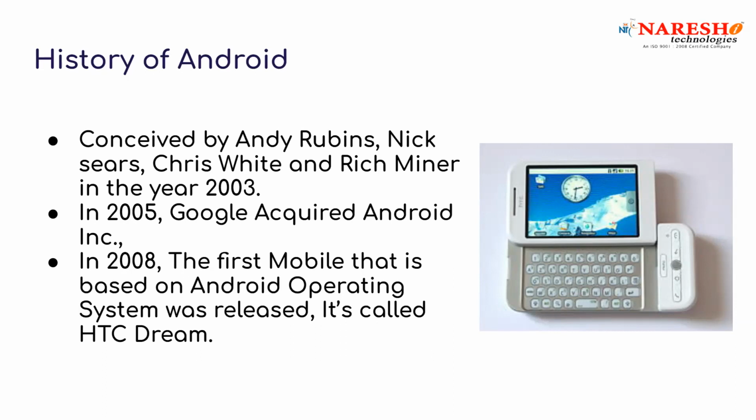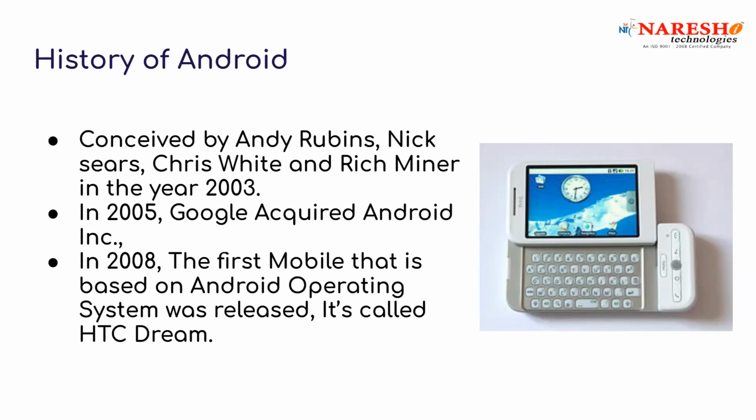Liking this idea very much, Google acquired it in 2005. The development continued till 2008, and in 2008 the first mobile based on the Android operating system was released. It is called HTC Dream.